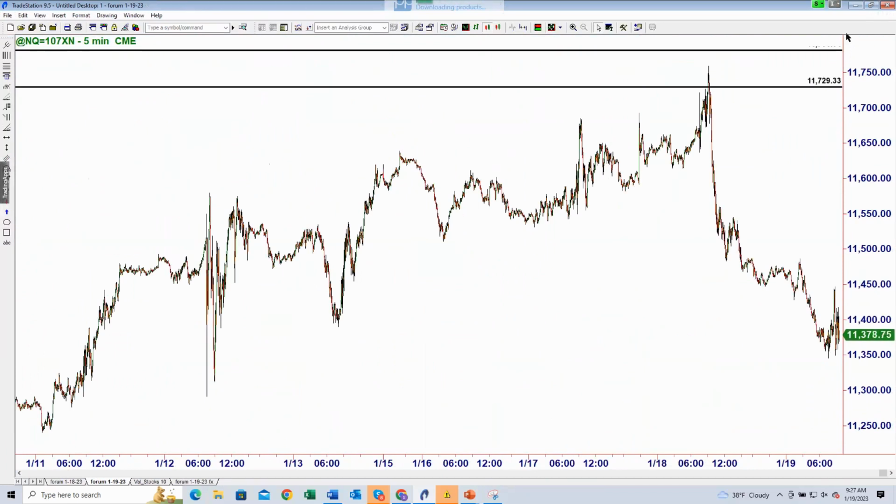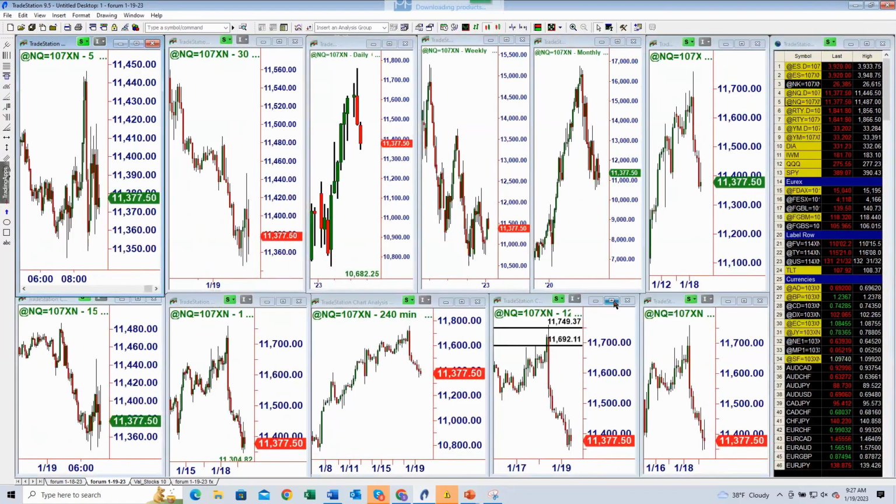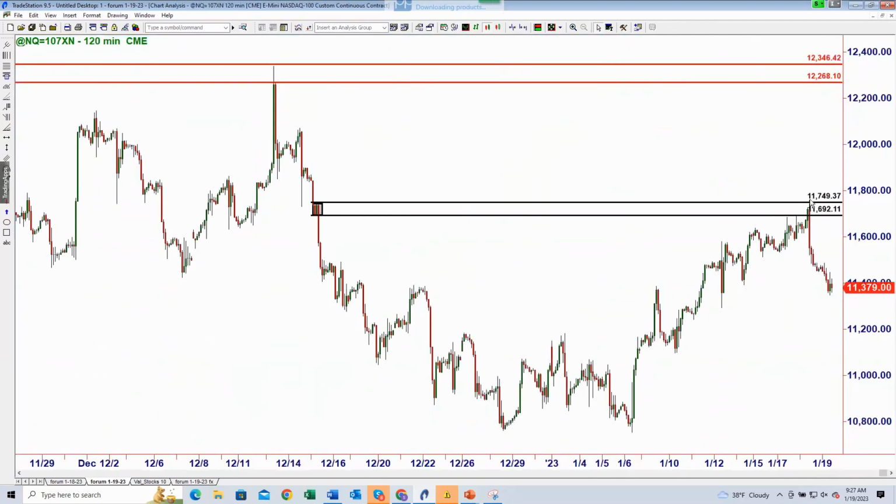Normally that's not the case. Normally we don't have to go to a small time frame like that. But you can see we came up to and poked through this area just a little bit, but sitting just above this supply zone, there was another little supply zone. So that was the high in the NASDAQ yesterday.